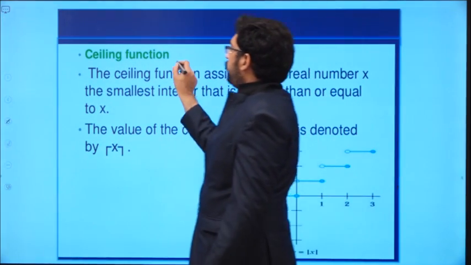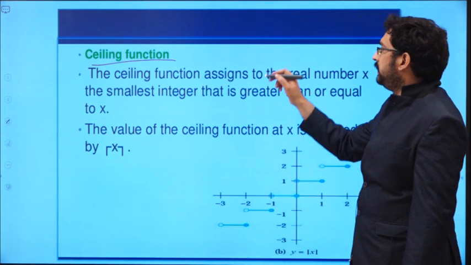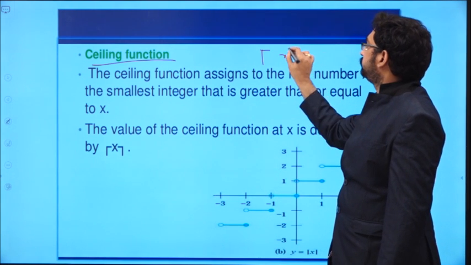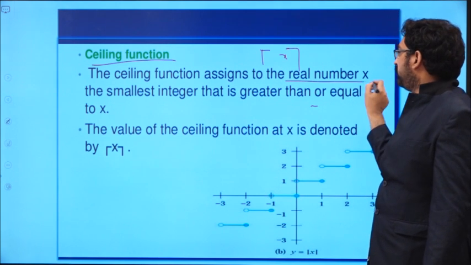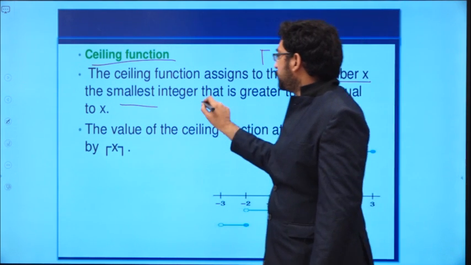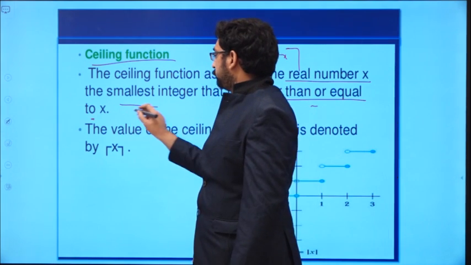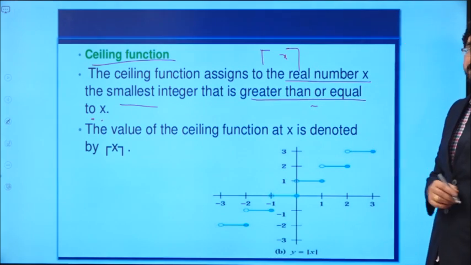Next we will discuss the ceiling function. If x is a real number, the ceiling of x is represented by this symbol. The ceiling function assigns to the real number x the smallest integer that is greater than or equal to x. Symbolically, it is denoted by this symbol.